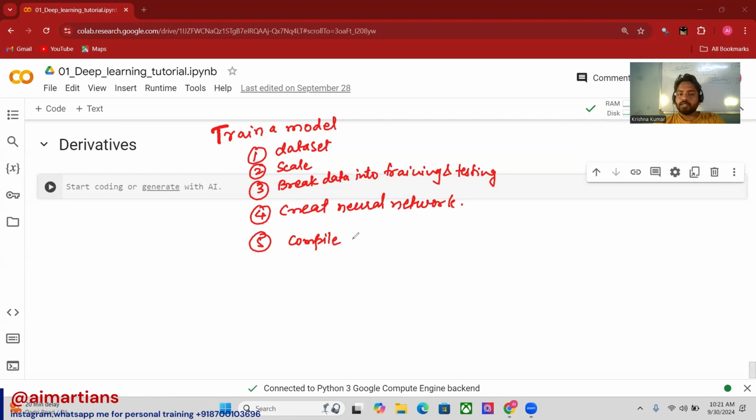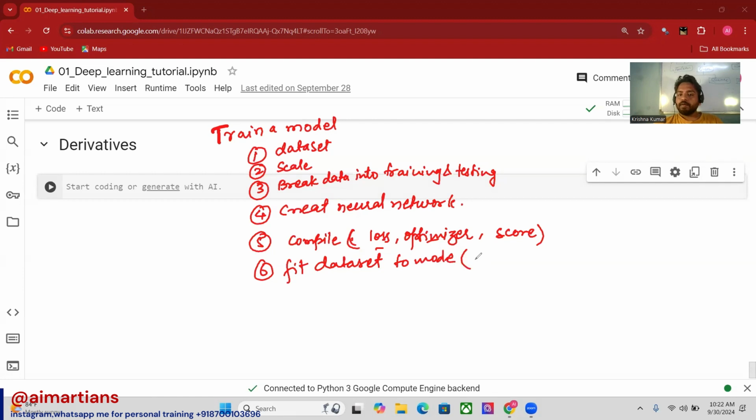We compile it using the compile method in which we have loss, optimizer and score. These three things come into the picture in this compile, and then at the end we fit the data set to the model.